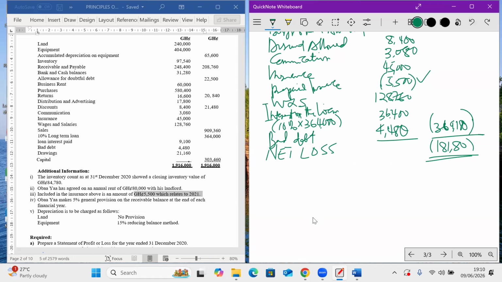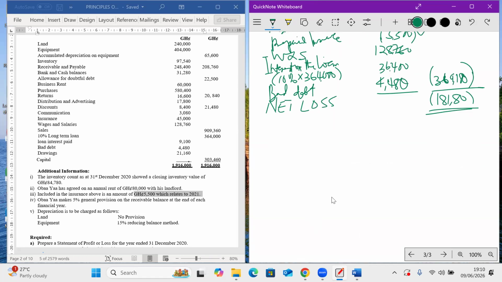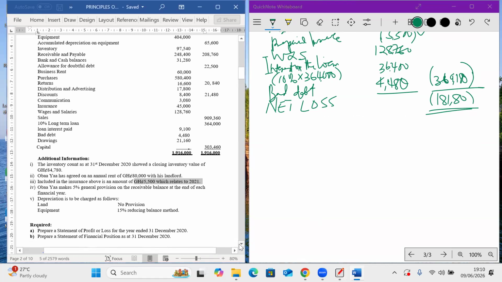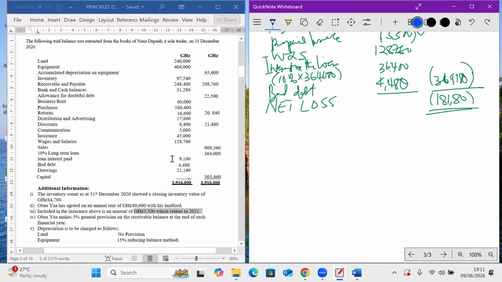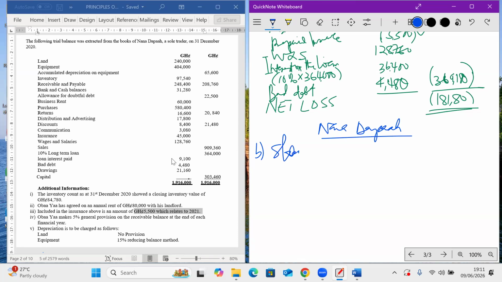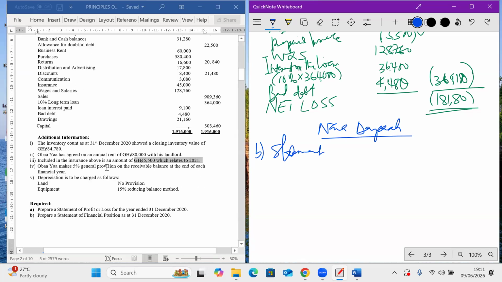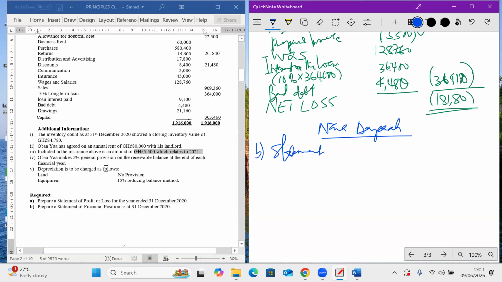Now you go to the next page. Then we go and solve the B. The B says what? Statement of financial position. So you write the entity's name again, then write B. The question says prepare a statement of financial position as at 31st December 2020.